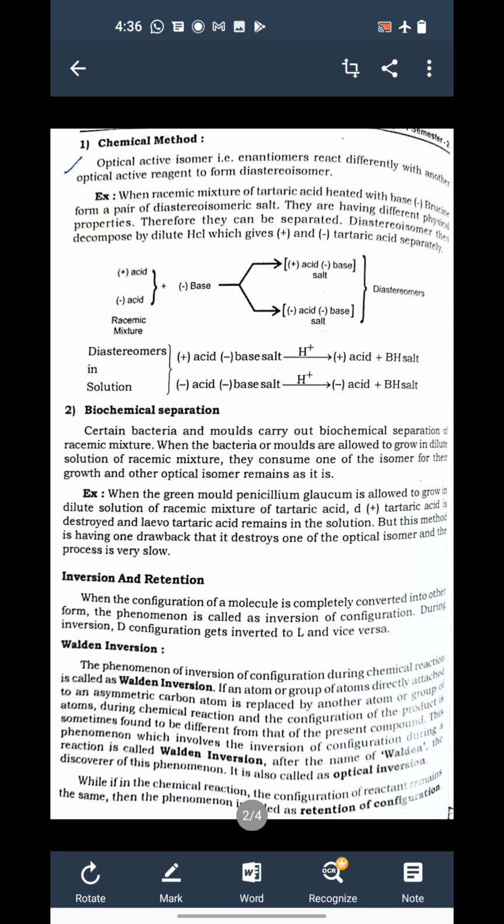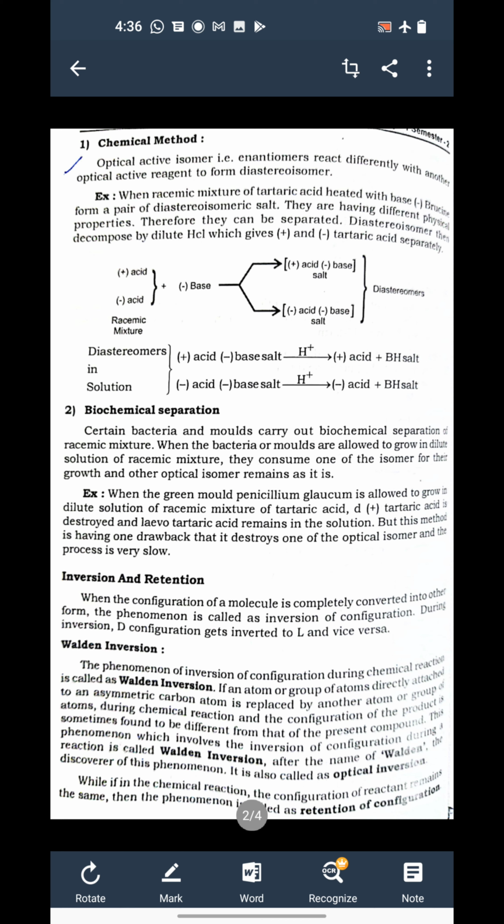I want to remind you that enantiomers are a pair of isomers which are optically active, but they are non-superimposable mirror images of each other. Suppose one is D form, then the other will be L form, and structurally they are similar, and therefore their chemical properties and physical properties, except how they rotate plane polarized light, are the same. How they react with any optically active reagent will be the different part.